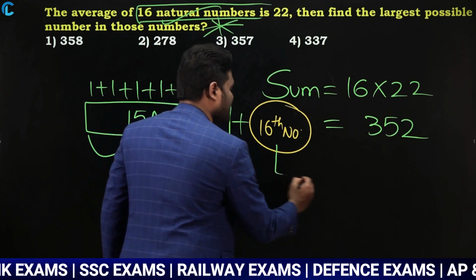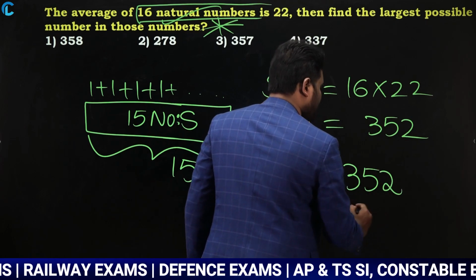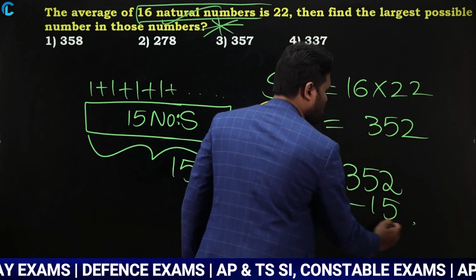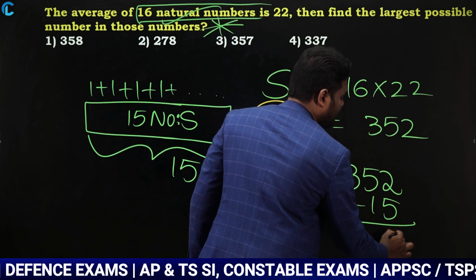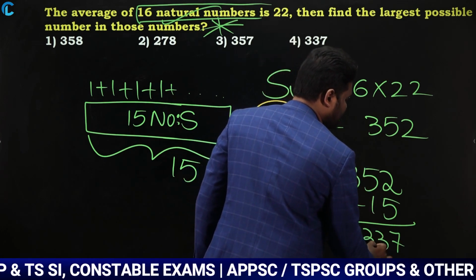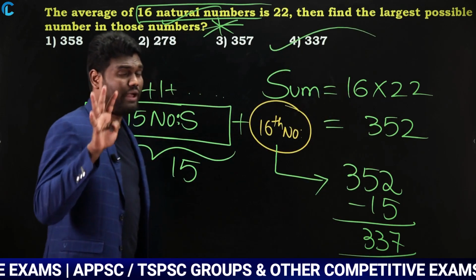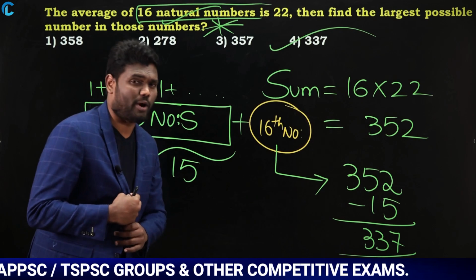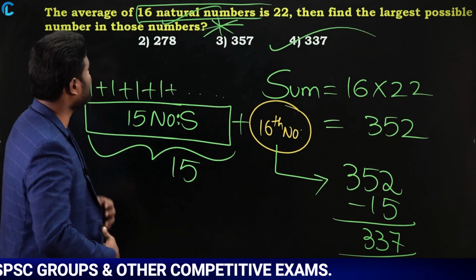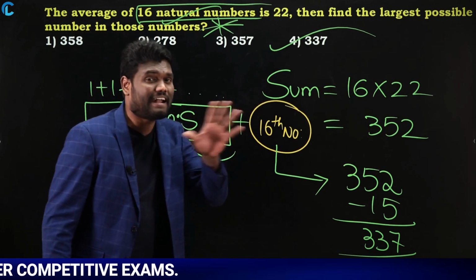Then what is the 16th number? The 16th number is going to be 352 minus 15. Yes or no? So 12 minus 5 is going to be 7. 34 minus 1 is going to be 33. So we can say that the answer is going to be 337. Very simple. Just observe this point very carefully. In this question, it is mentioned 16 natural numbers, not different numbers.